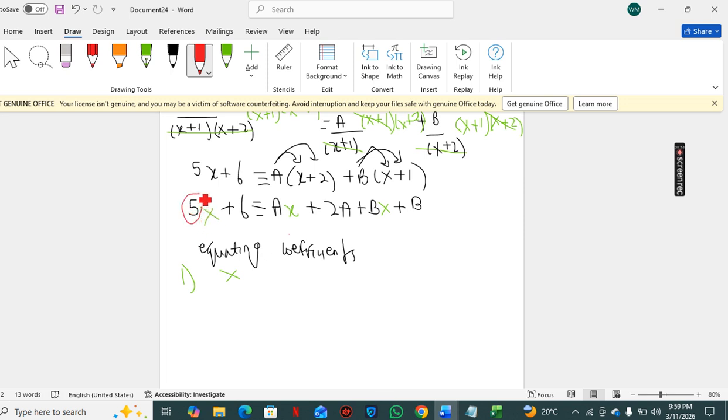So you're going to say 5 equals, when we look on our right hand side here, A is a coefficient of x, plus even this B here is a coefficient of x, 5 equals A plus B. Okay.